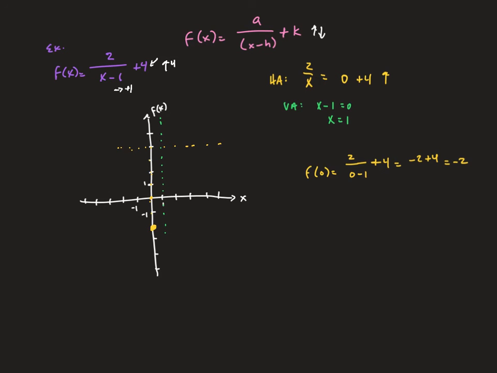That means my function is going to be right down here. Something like that, right? It's not perfect, but that's where I'm going to be. If that's where I'm at, then the other branch is going to be up here, right across from where my asymptotes intersected. So that's being able to graph and just recognize what's going on in my functions.